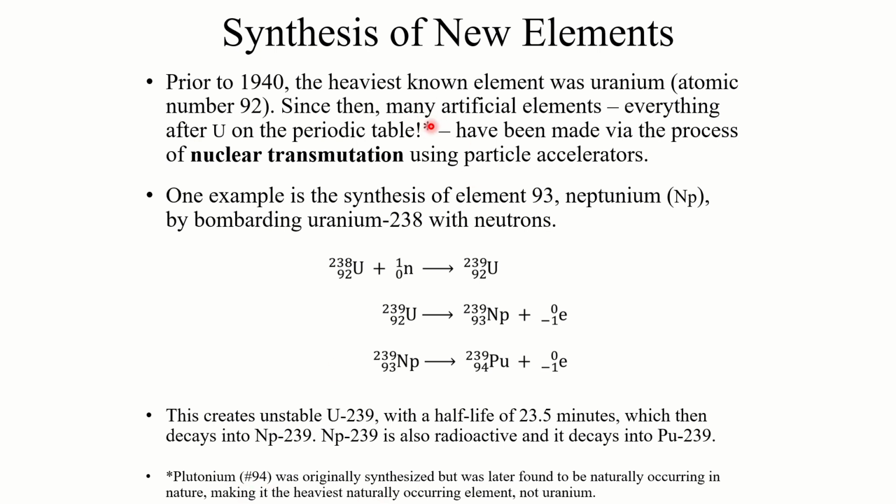Plutonium, number 94, was originally synthesized, but it was later found to be naturally occurring in nature. So technically, plutonium is the heaviest naturally occurring element found in nature, not uranium. But originally, everything beyond uranium was synthesized, and this still holds true besides plutonium. So everything past uranium, besides number 94, plutonium, was synthesized.